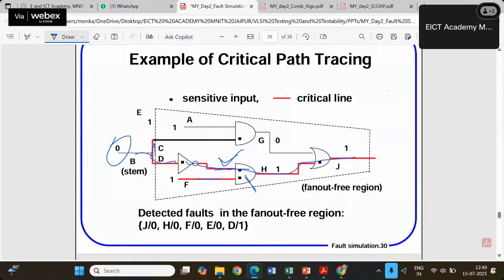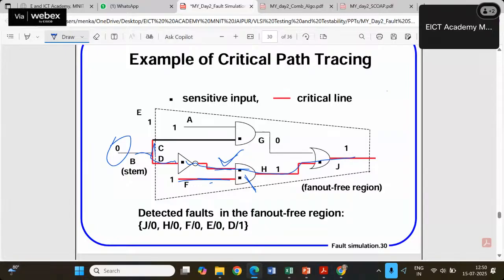Let us figure out. So we started with B stuck at 1. So this B stuck at 1 makes sure to detect D stuck at 1 and E stuck at 0.